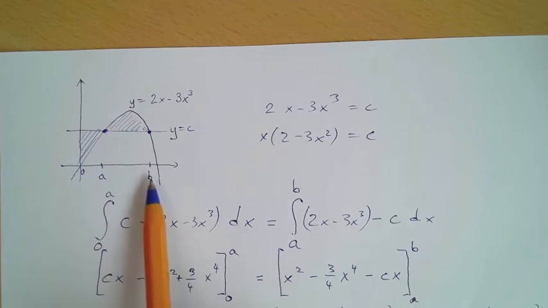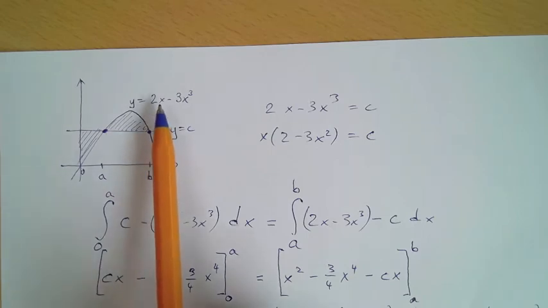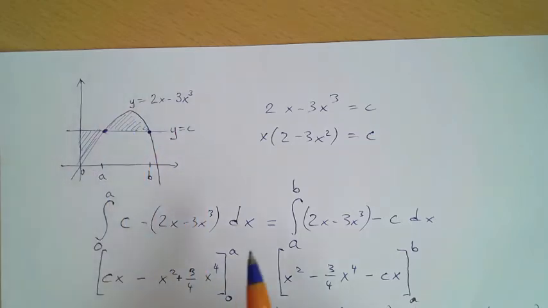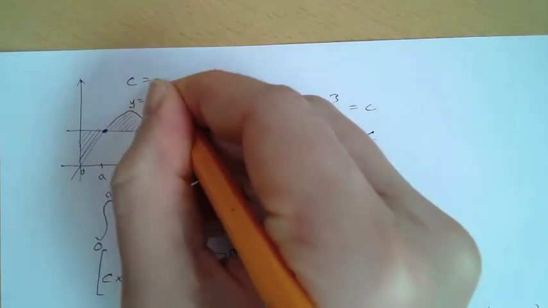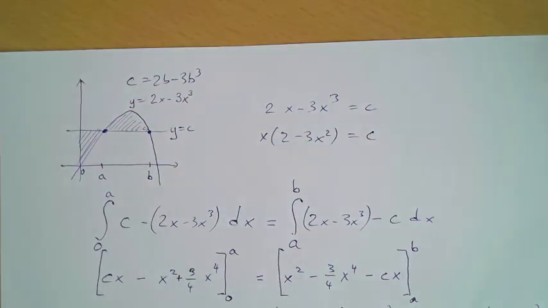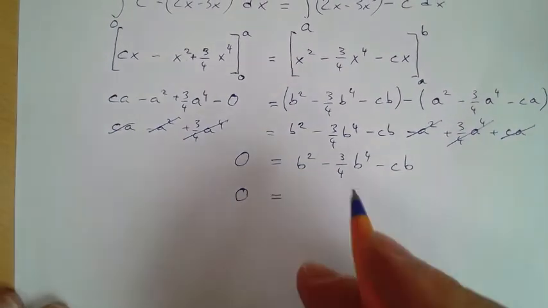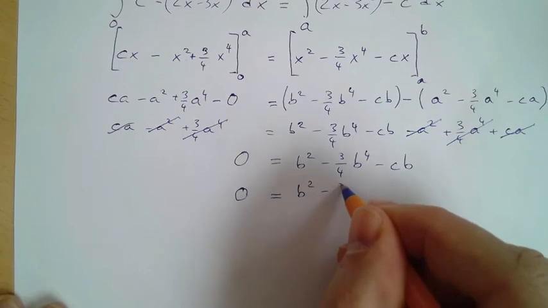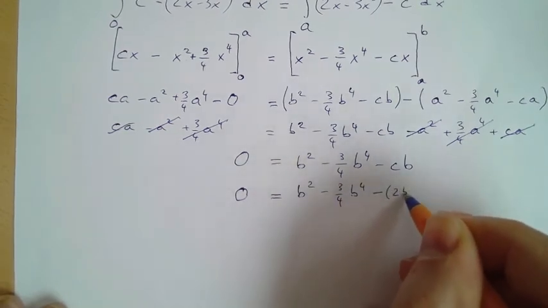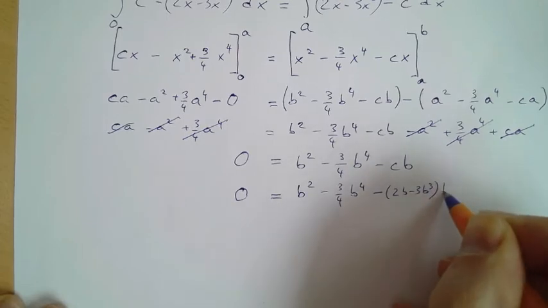So if we put b here, 2b minus 3b cubed, we get c. That means c is 2b minus 3b cubed. So I can use that down here. b squared minus 3 over 4 b to the power 4 minus (2b minus 3b cubed) times b.